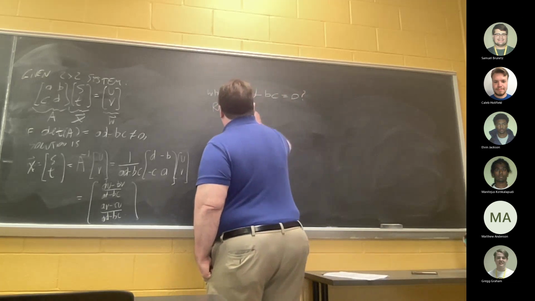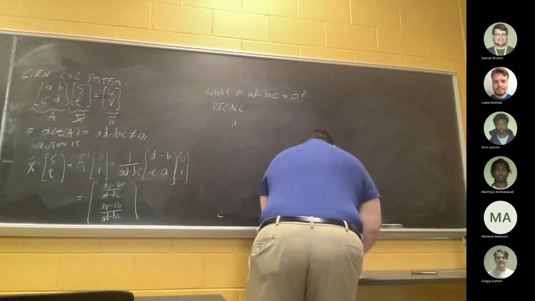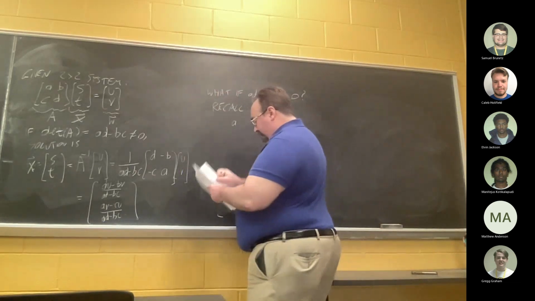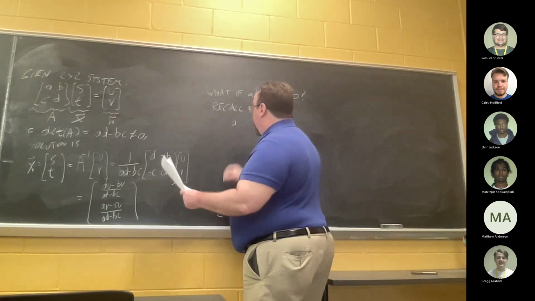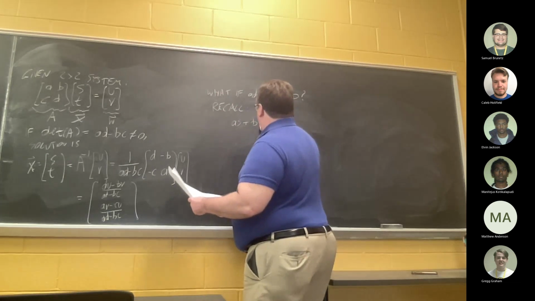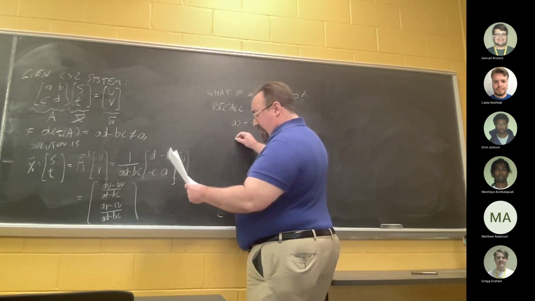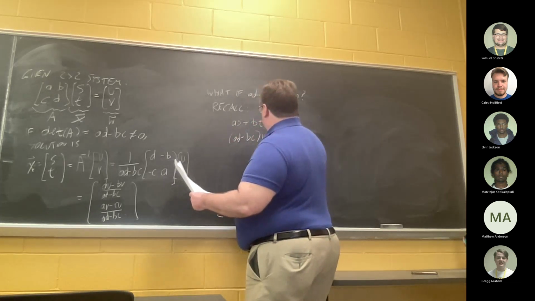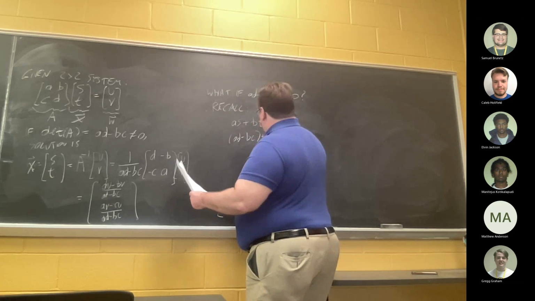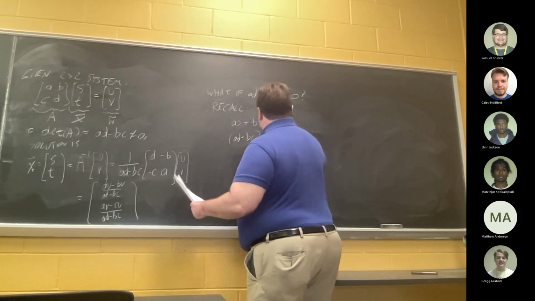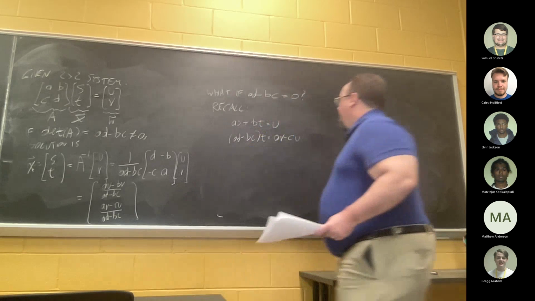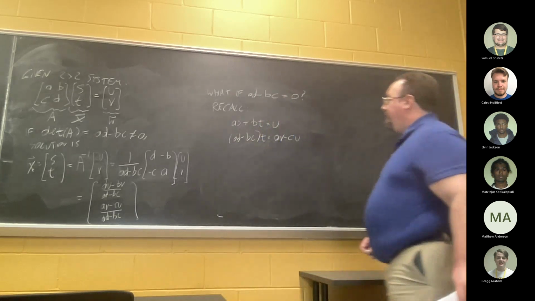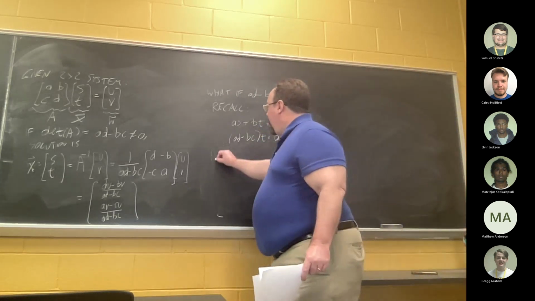How this came about in the first place is, after eliminating S from the second equation, let's bring that system back. We have this equation here, then we have 0 times T is equal to AV minus DU. So here's what happens.